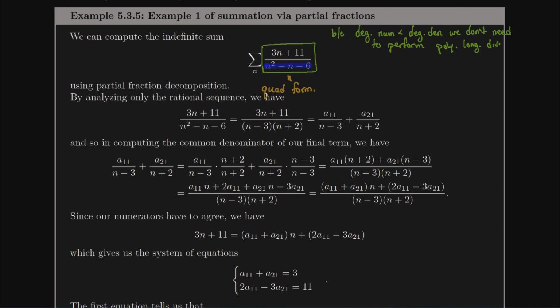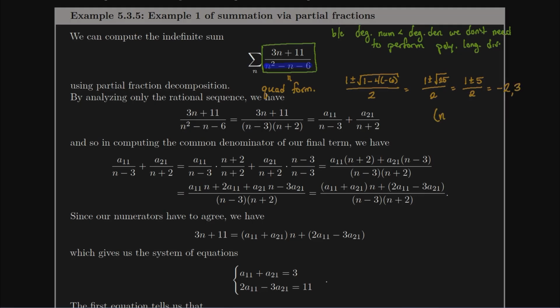That's going to give me negative b plus or minus the square root of b squared minus 4ac all over 2a, so that'll be 1 plus or minus root, well, that's 1 minus negative 24, 1 plus 24 is 25, all over 2. We're looking at 1 plus or minus 5 over 2, also known as negative 4 divided by 2, negative 2, or 6 divided by 2, which is 3.